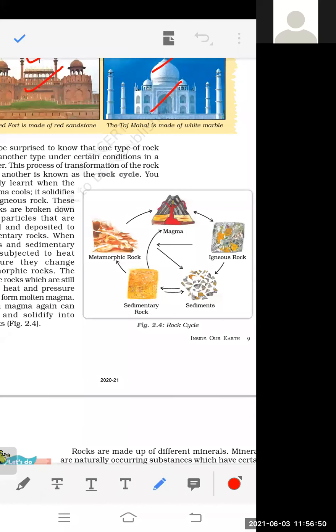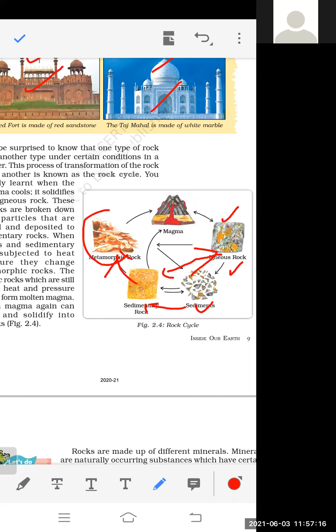Similarly, igneous rocks are formed, but no doubt once they will melt. What happens? Igneous rocks are broken down by the wind, river, etc., and converted into sediments, which form sedimentary rocks. And these igneous and sedimentary rocks keep on changing into metamorphic rocks.